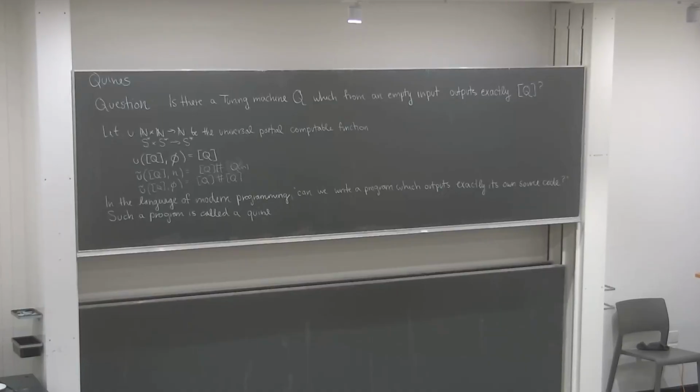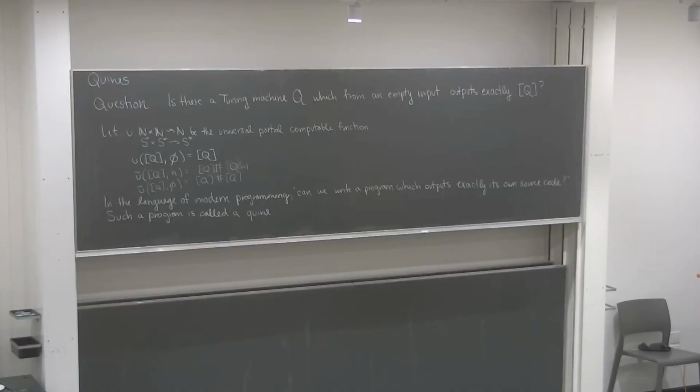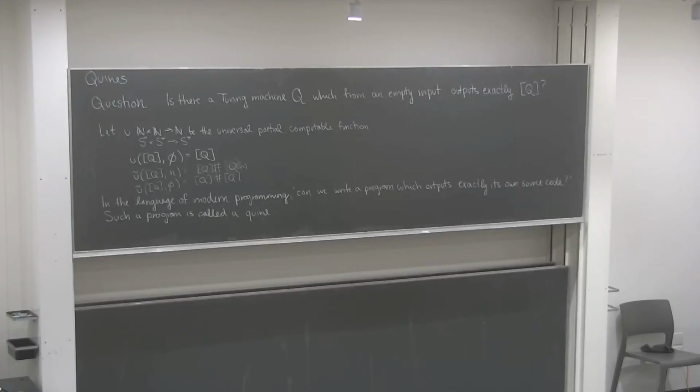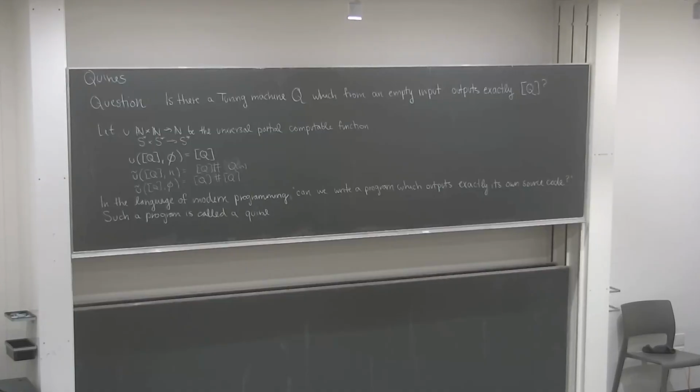So what happens if we plug into U the description of Q and an empty input? Well, the output is exactly Q. So if we interpret U as the functionality of this processor that is reading whatever it gets on its tape, then we see that this universal partial function will simulate Q on the empty input and recreate itself somewhere on the new tape, right?